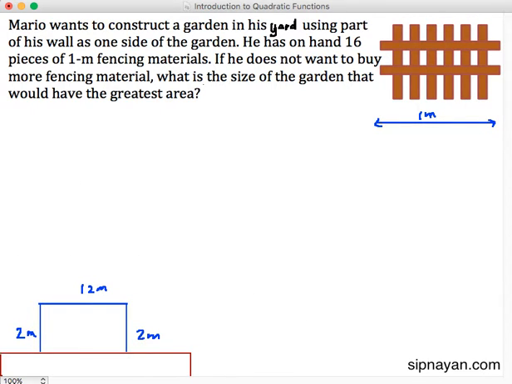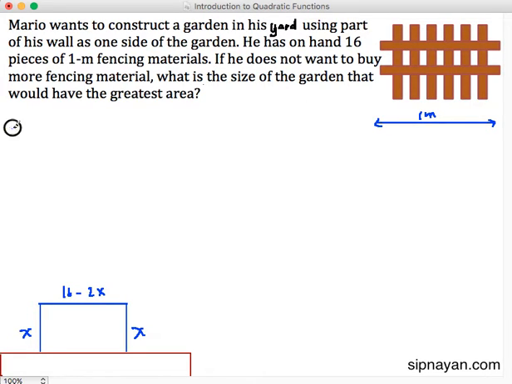If we let this x, for example, and we also let this x, syempre pareho naman silang sukat, then what will happen to this? Bawas natin tong dalawa sa 16, di ba? So 16 minus 2x. Kukunin natin yung pinakamalaki.